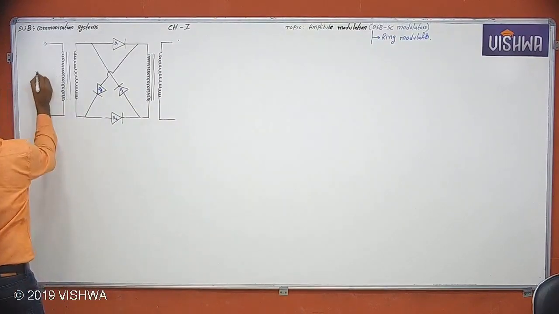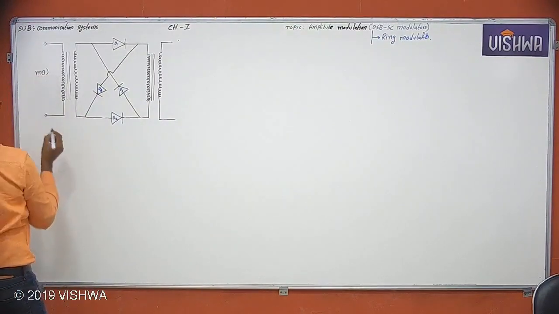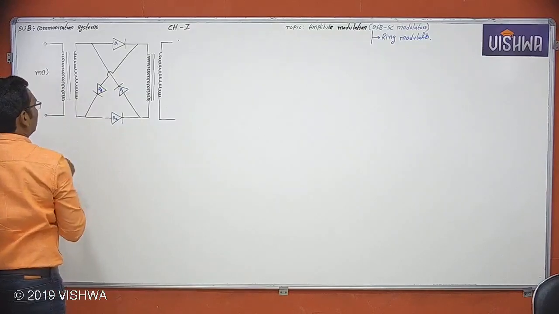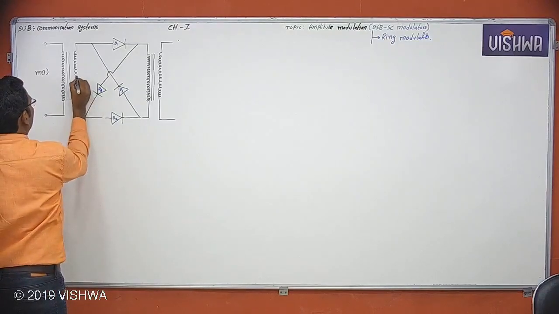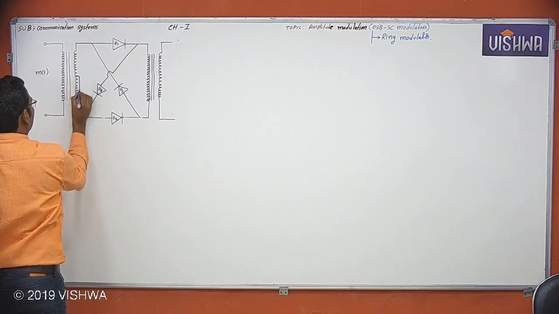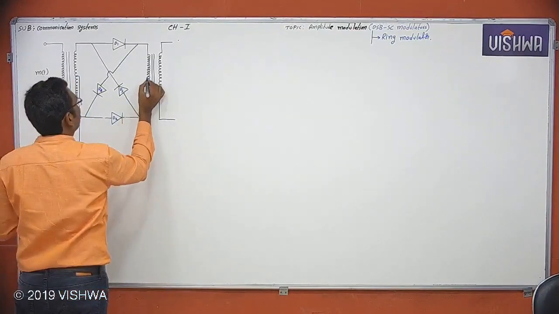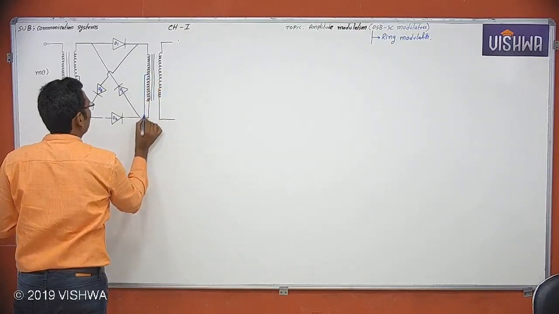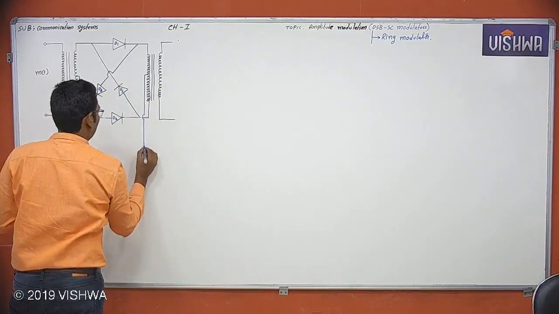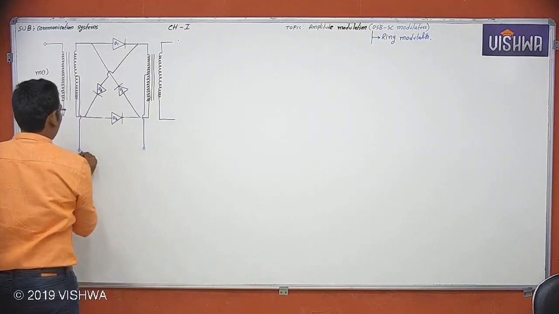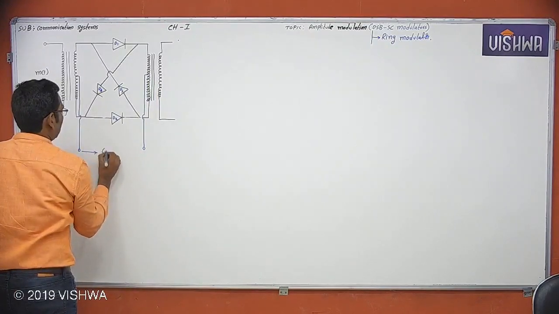And the input is a message signal. And this is the two center tap transformers, tapping here. Now this is the carrier signal.